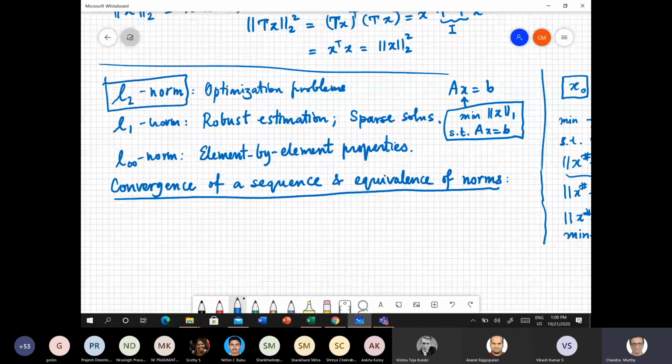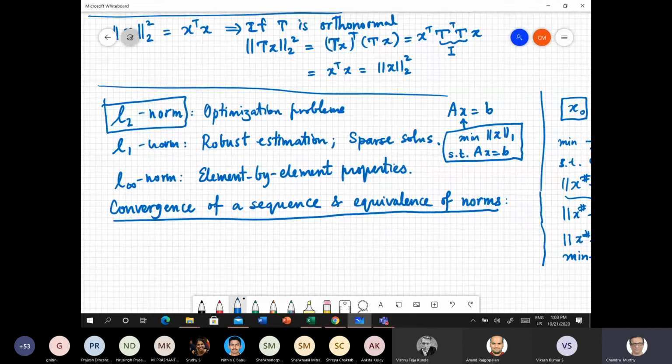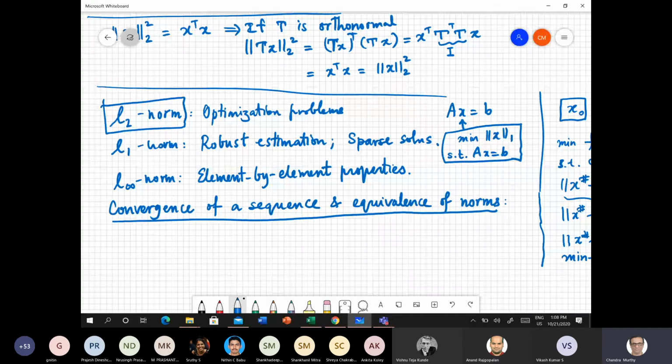So let me define what I mean by convergence of a sequence of vectors. The main point, I'll first write down the punchline here and then I'll discuss further.